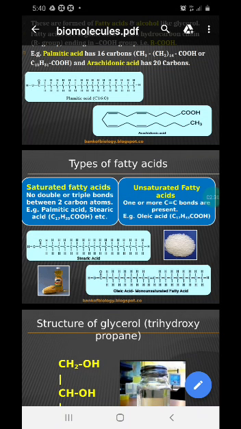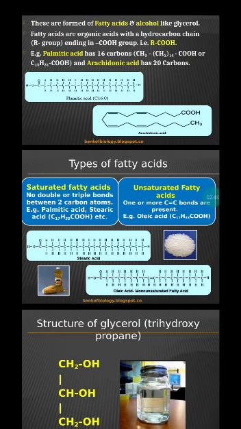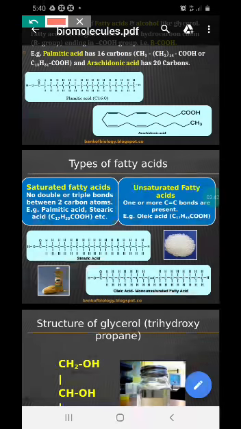What do you mean by saturated? That means they do not have a double or triple bond between the carbon atoms. See this compound. There is no double or triple bond, right? In this, see, there is a double bond here. So that means these are unsaturated fats.